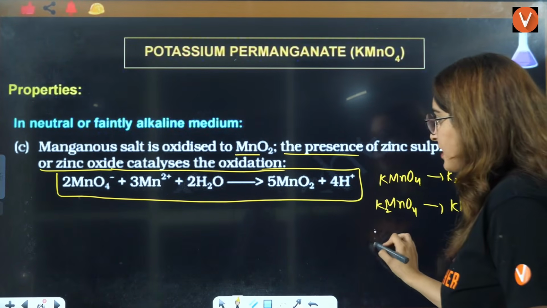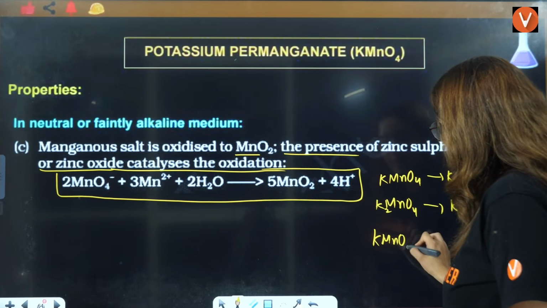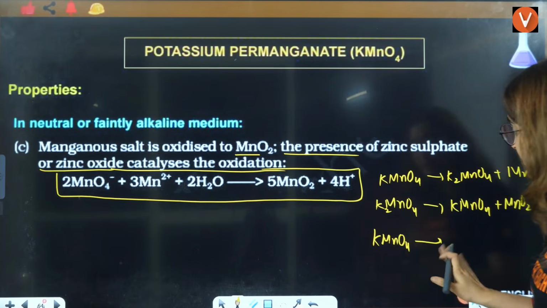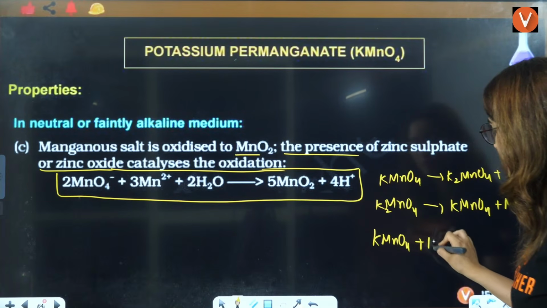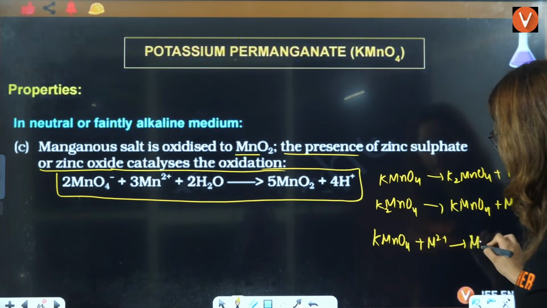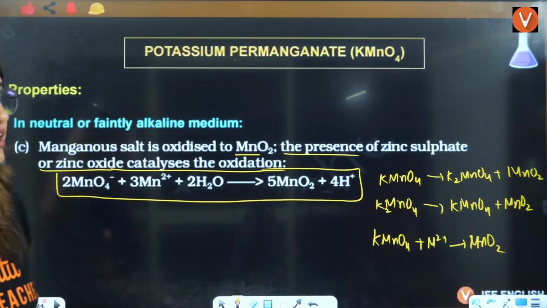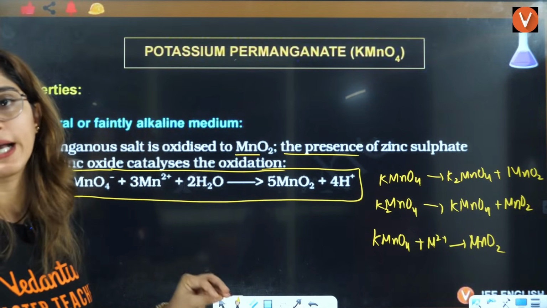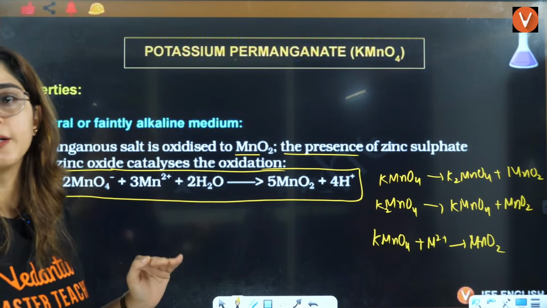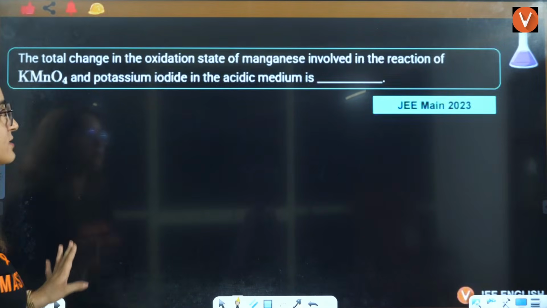Now we are discussing that you have permanganate, which with the reaction of Mn2 positive gives you MnO2. So these three reactions are very similar to each other and hence they are very important. Easily you can make mistakes here, so that's why I'm writing it side by side.